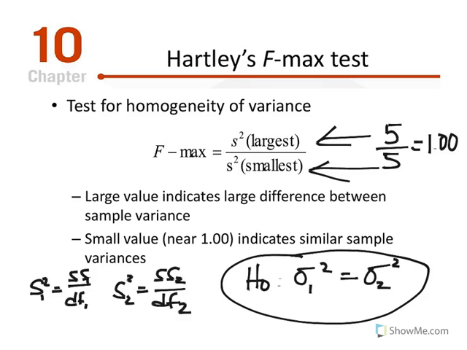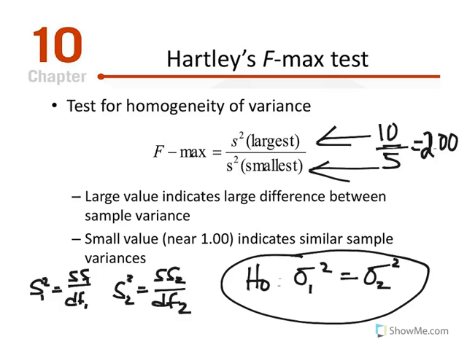And that's what we're hoping for. We're hoping that we don't see great differences. So a relatively large value for F-max indicates a large difference between the sample variances. So for example, let's say this is equal to 10, and therefore our F statistic is equal to 2.